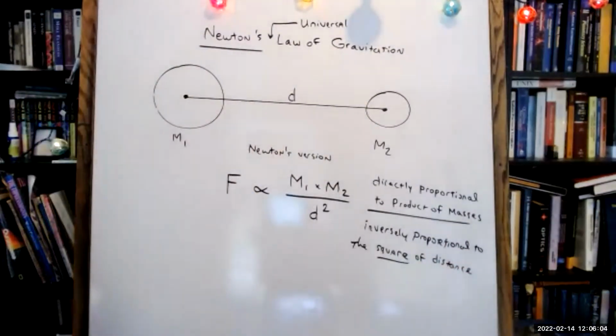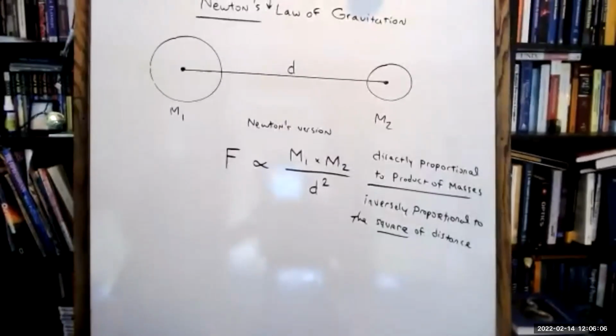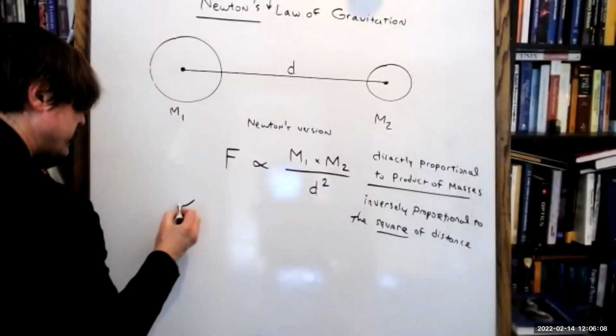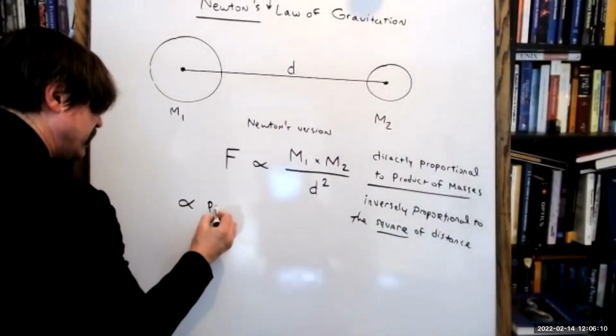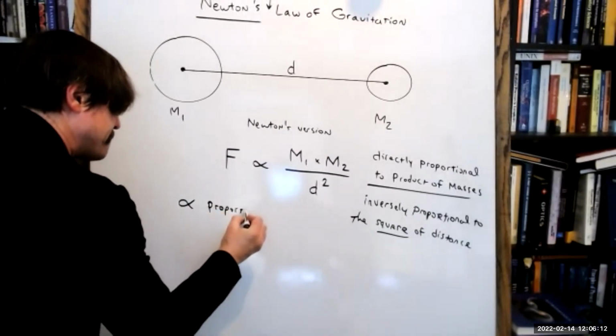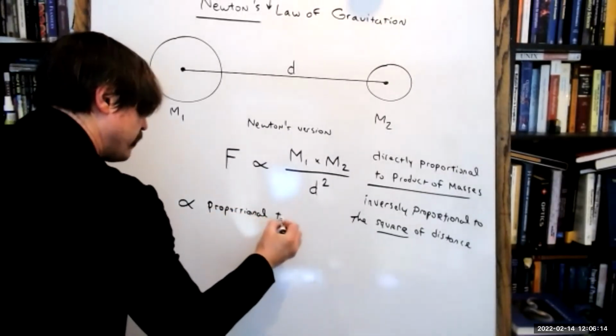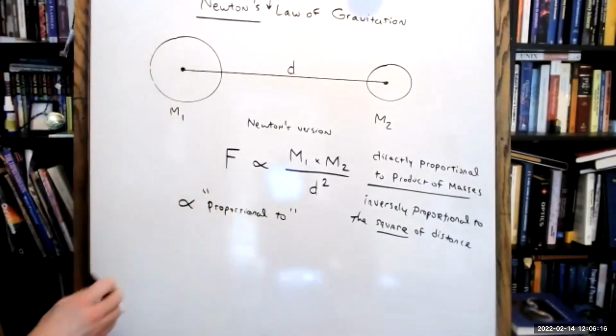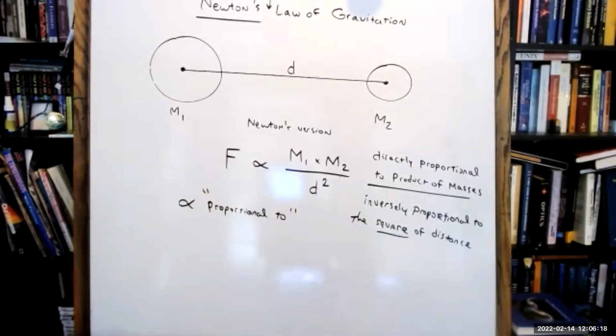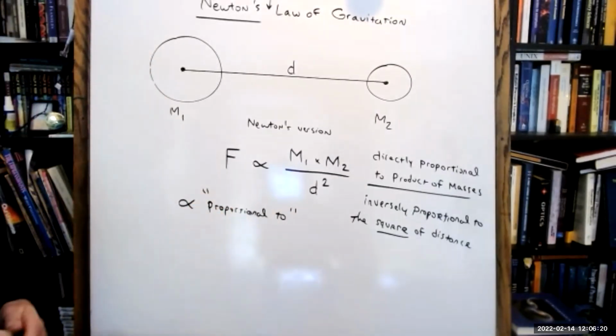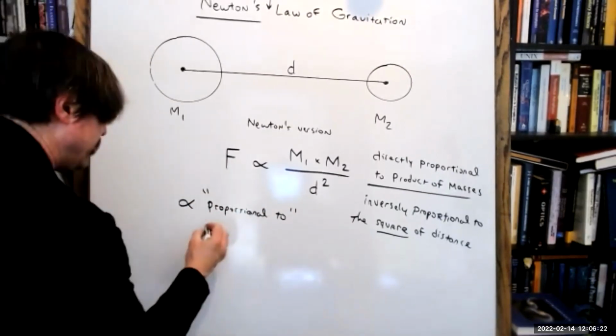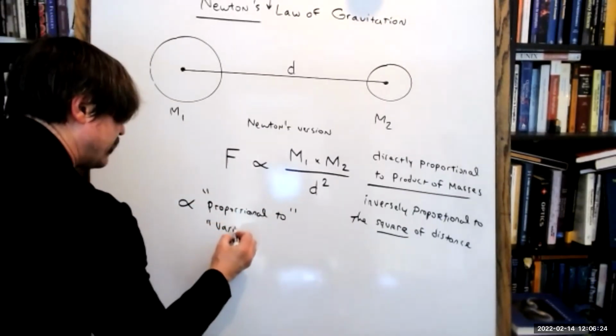I've used a new symbol, one that you're not too familiar with. The Jesus fish thing means proportional to. Proportional to also means it varies as.